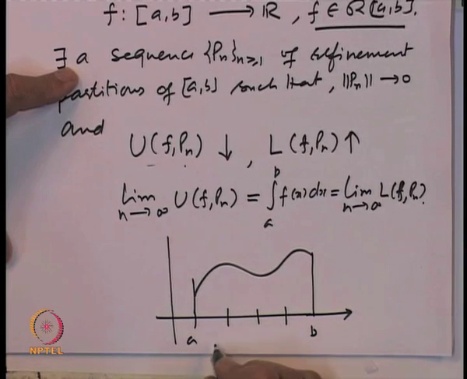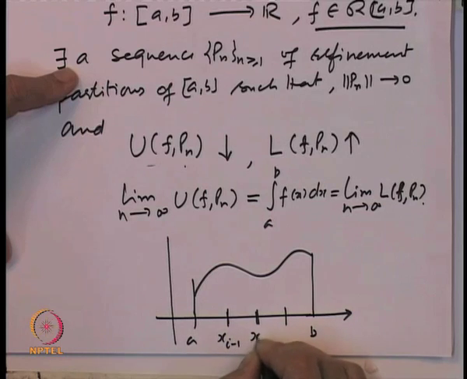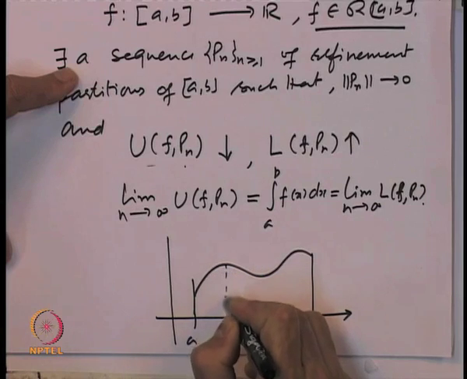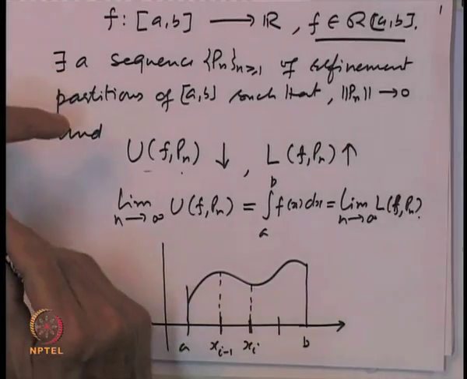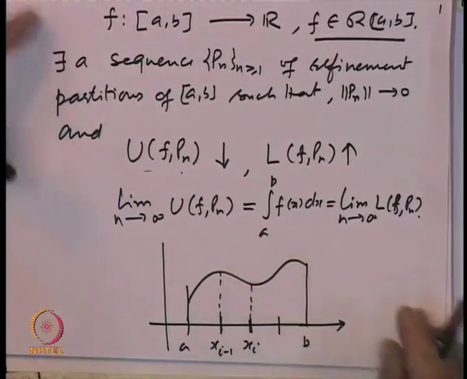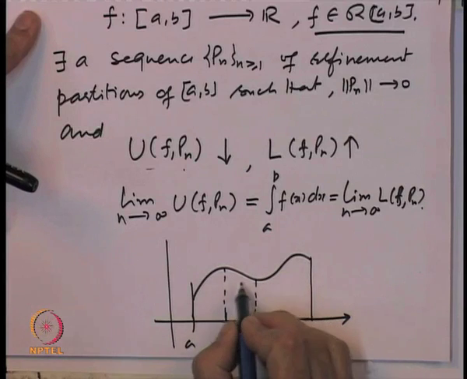With respect to a partition, let us say this is the general interval, x I minus 1 and x I. In this interval, look at the smallest value of the function.